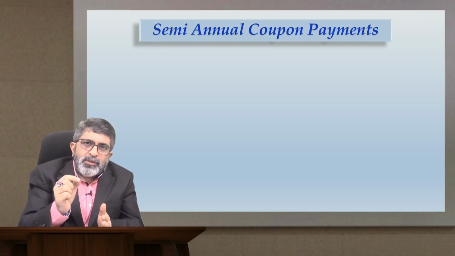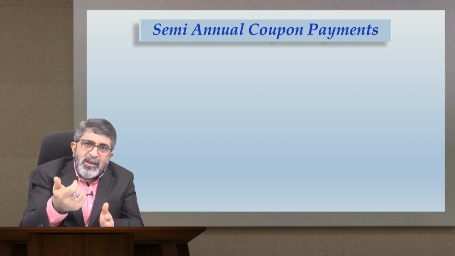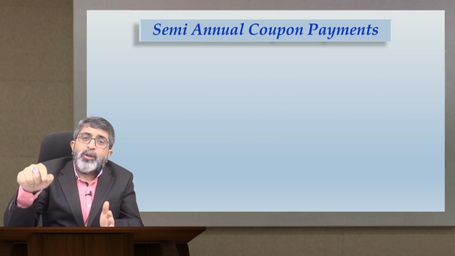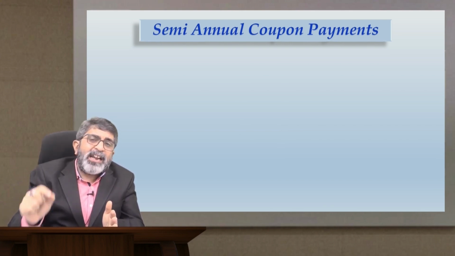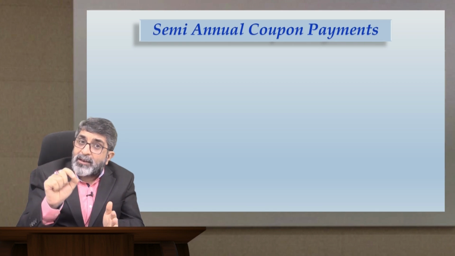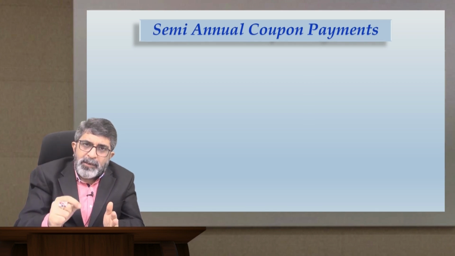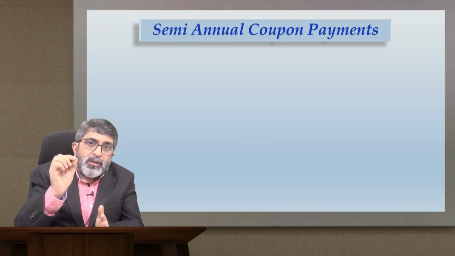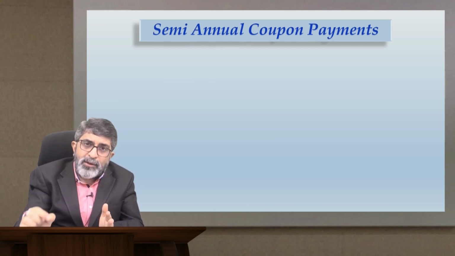Now what about the discounting rate? Your discounting rate is also a per annum rate. Even that you need to adjust for semi-annual payments, by making the calculation based on half yearly payments.